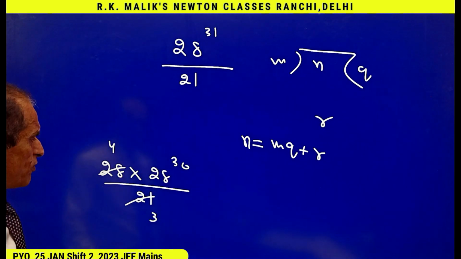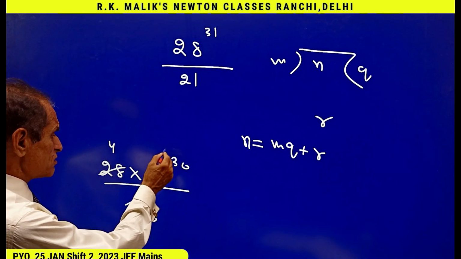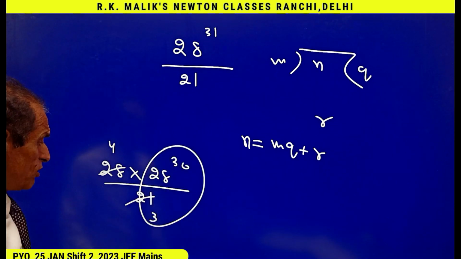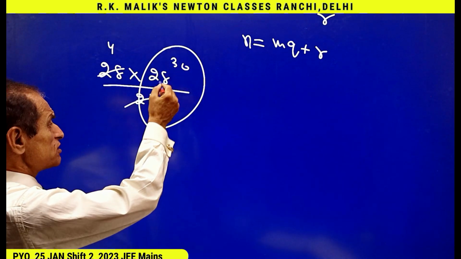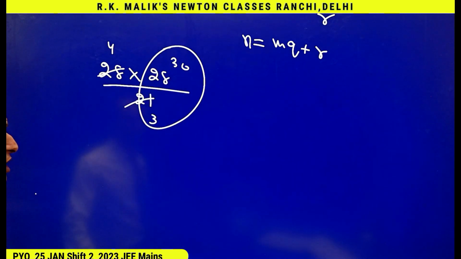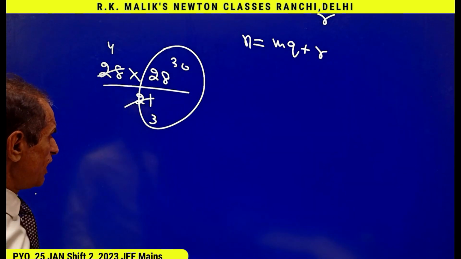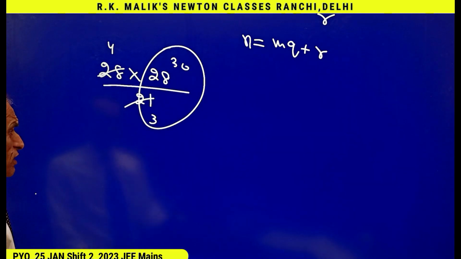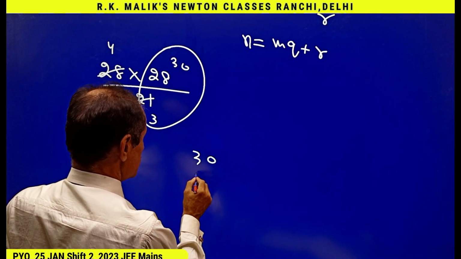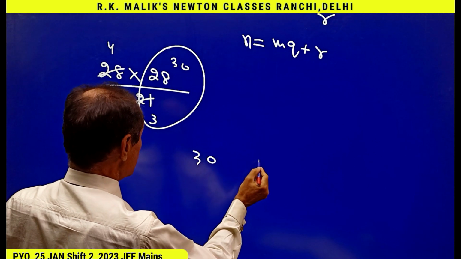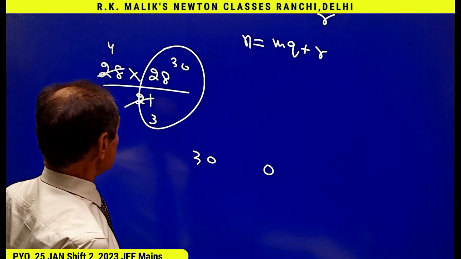And now, for the time being, concentrate upon this part only. That is, I will find when this is divided by 3, what is the remainder? As it is clear, the quotient of 3 is 2, and when 30 is divided by 2, the remainder is 0.